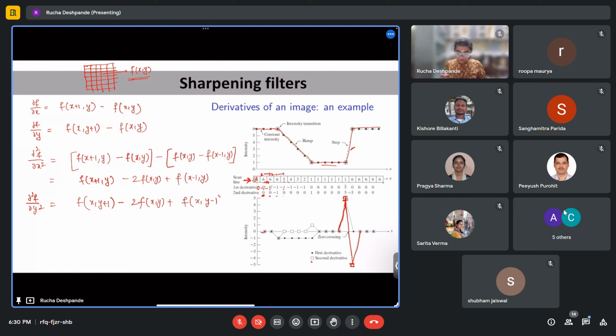The Laplacian filter uses the second order derivative that we saw.